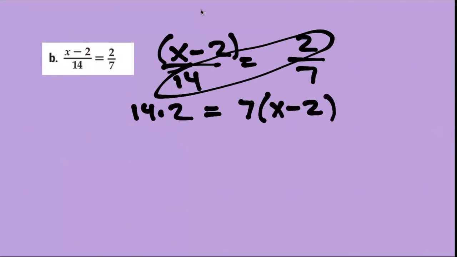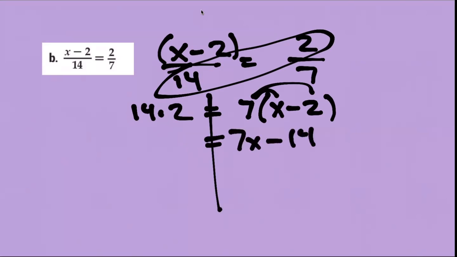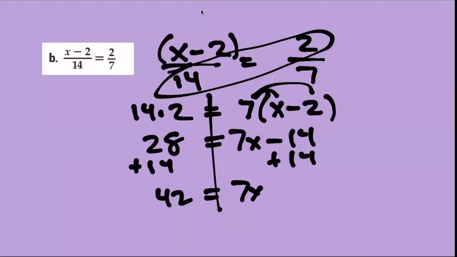So that's where the distributive property comes in. Multiply 7 times all those things there, so you get 7x minus 14. And then over here, 14 times 2 is 28. And so now we're just going to add 14 to both sides. Get 42 is equal to 7x. Divide both sides by 7, and you get x is equal to 6.